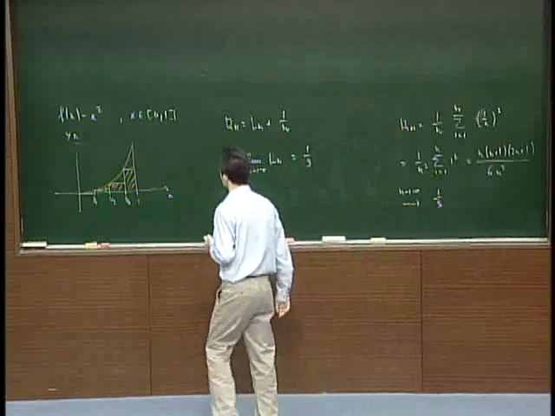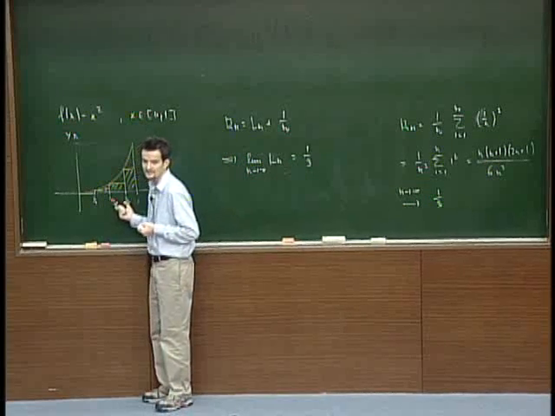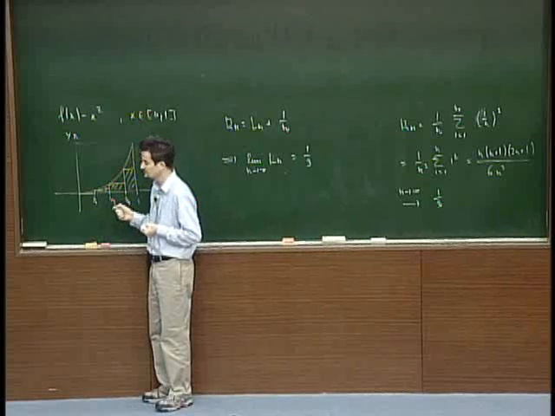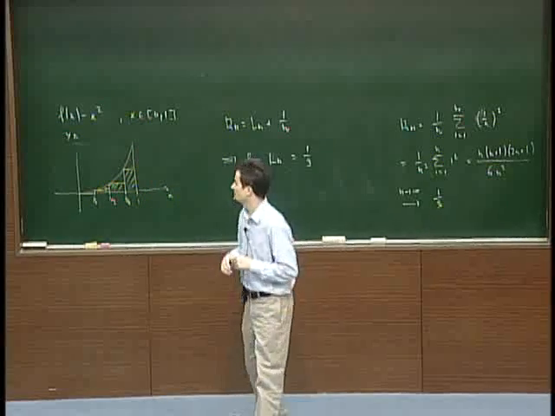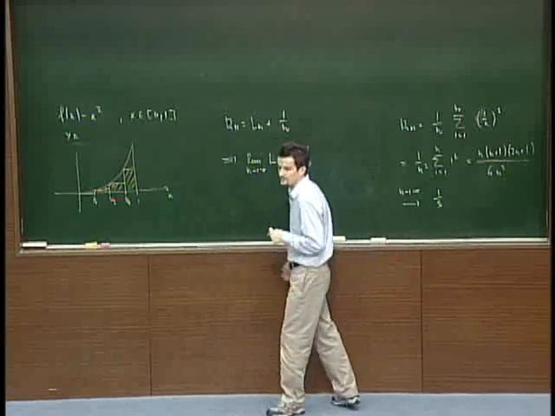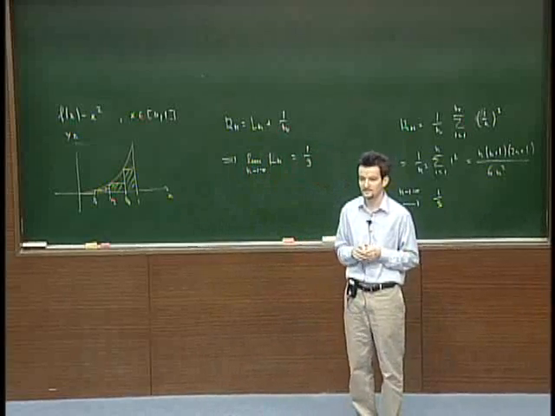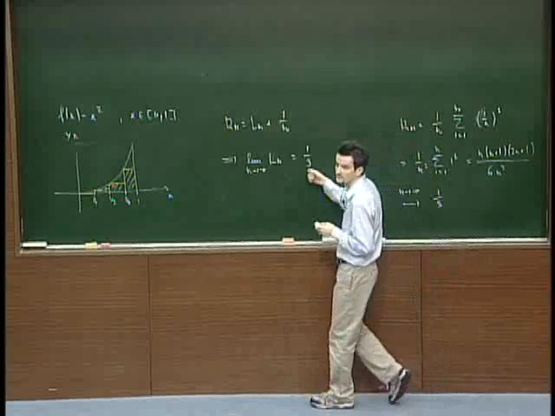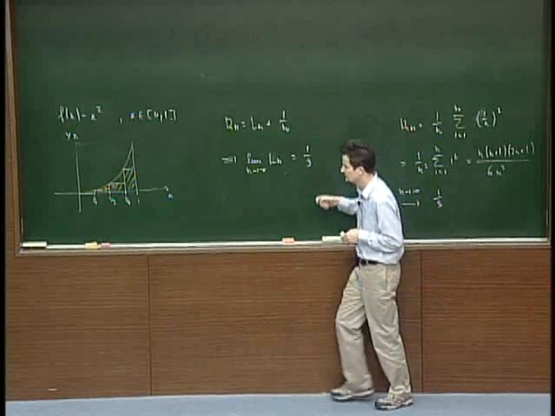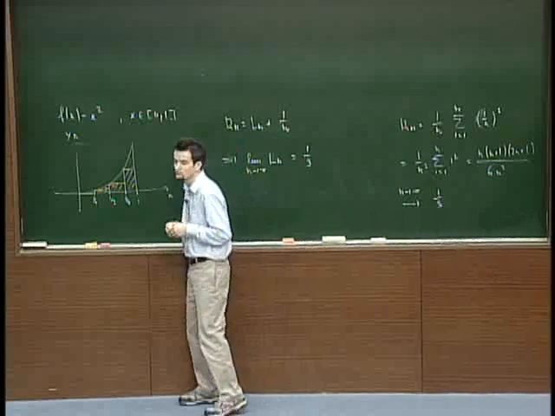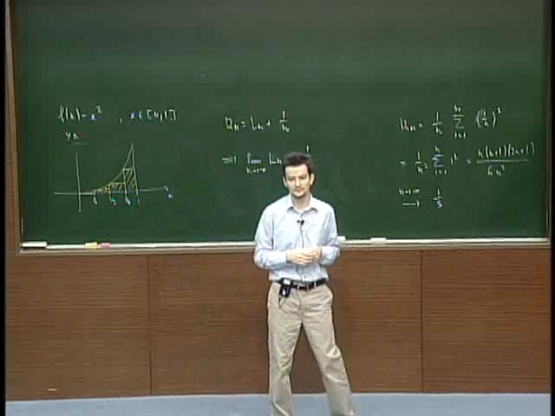No matter how you do the subdivision, even if the intervals do not all have the same lengths, as long as the length of the largest interval tends to 0, it can still be proved that the sum of the areas of the rectangles converges, and it converges, of course, to the same limit, 1 over 3, something which should certainly hold if this definition of the area should make sense. This is the first thing.